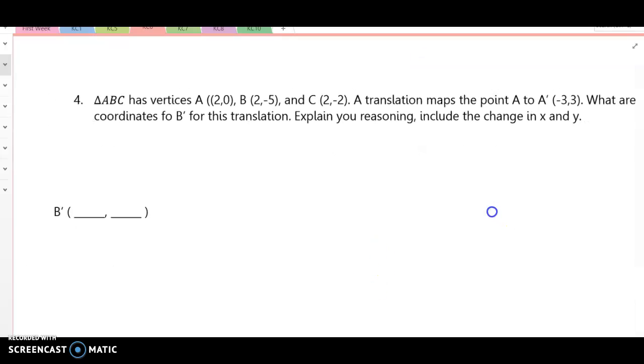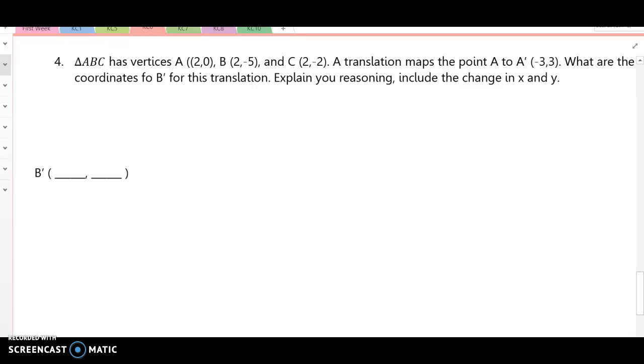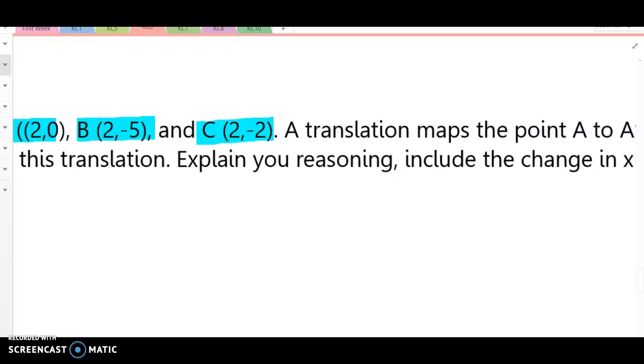All right, then last one, we have triangle ABC has the vertices. It gives you kind of the coordinates. So A is at 2, 0, B is at 2, -5, and C is at 2, -2. It says a translation, right? So a translation, that means the triangle was slid.